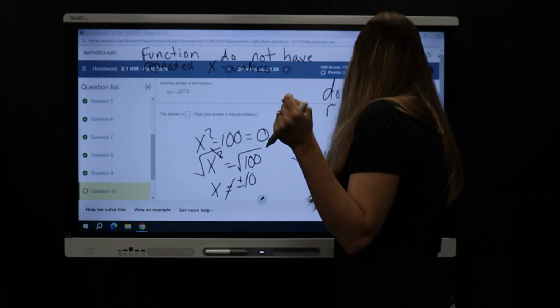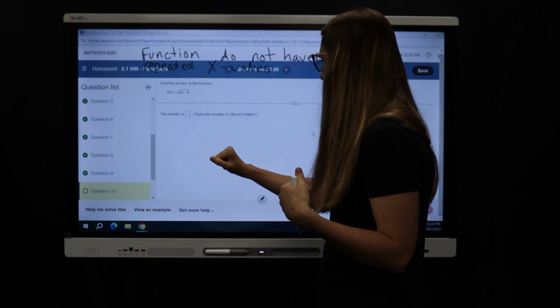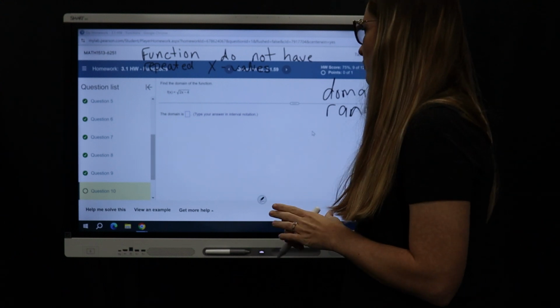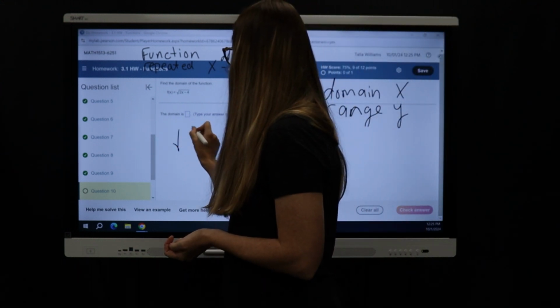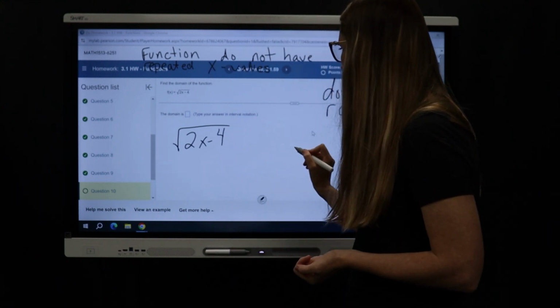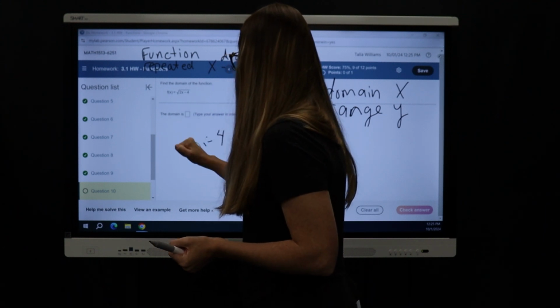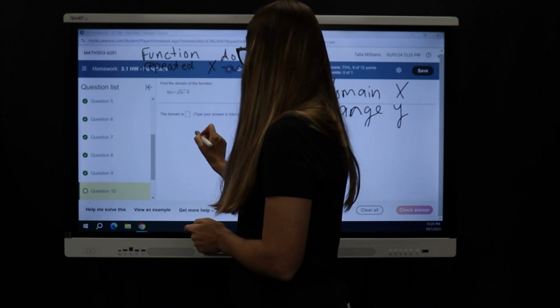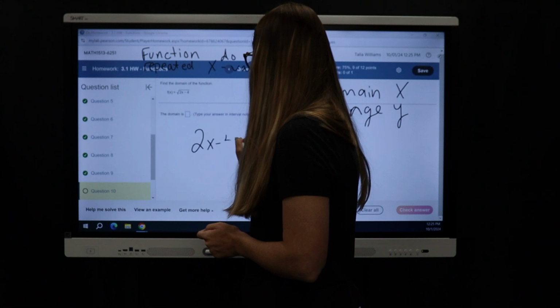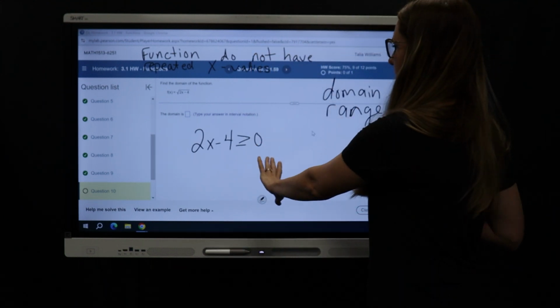This part right here is where I was saying it can't be a value that makes it undefined or not real. So when we work out this one, we have the square root 2x subtract 4. And I don't need the square root for this part. I just need 2x subtract 4 has to be greater than or equal to 0 because that's what's going to be under this.